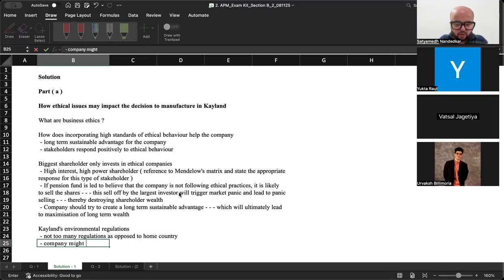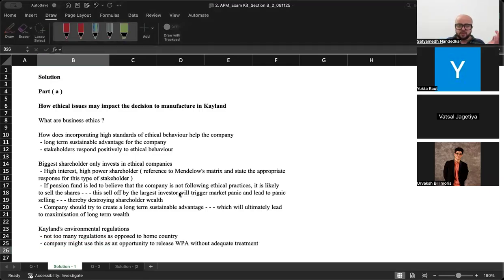Company might use this as an opportunity to release waste without adequate treatment. That is a fear in your mind because Kaeland's environmental regulations are relaxed, company would not treat the waste material so much and it will directly release it into the river.